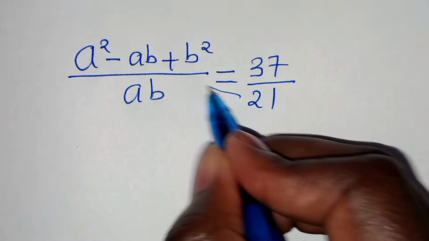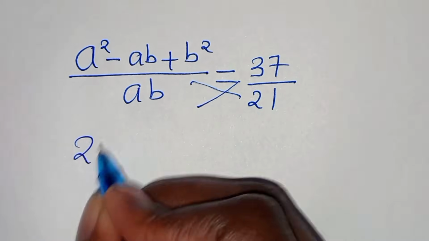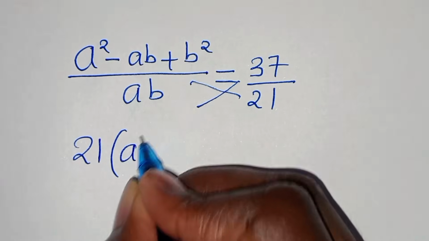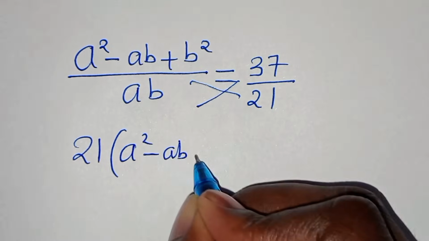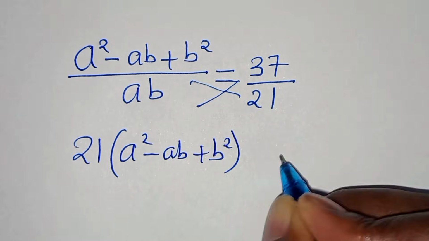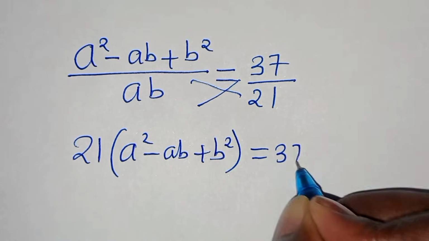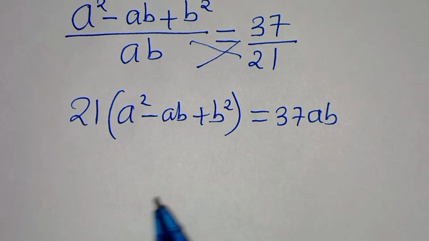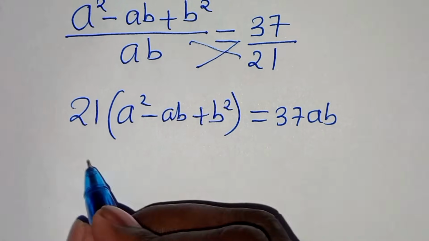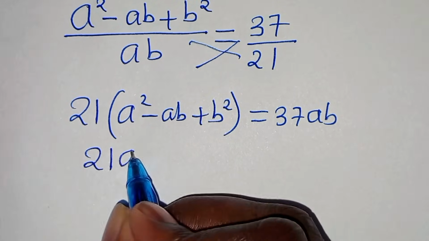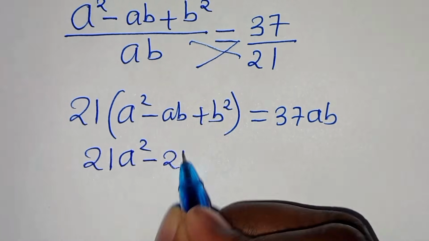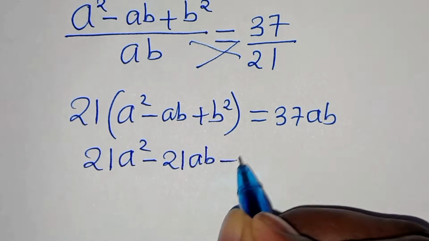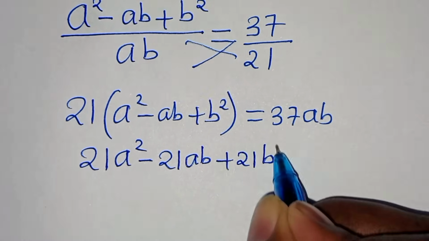Now let's cross multiply here, so that we have 21 multiplying by (a squared minus ab plus b squared). This is equal to 37ab. Okay, so let's open the parentheses here. This is 21a squared minus 21ab, then plus 21b squared.